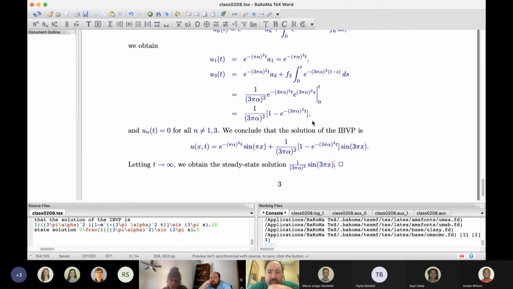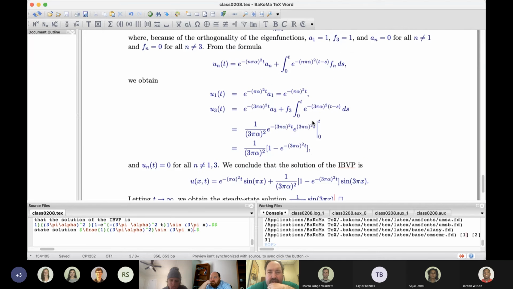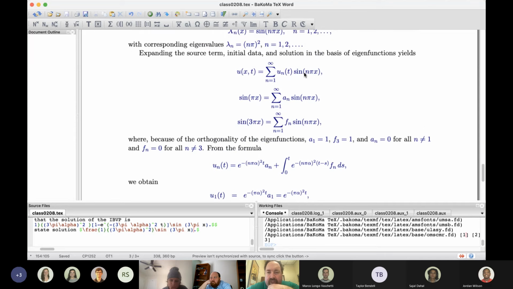So that's how this works. For your initial data and your source term, you work out these expansions. Now, in this case, they happen to work out nicely. Otherwise, you would be evaluating some integrals.